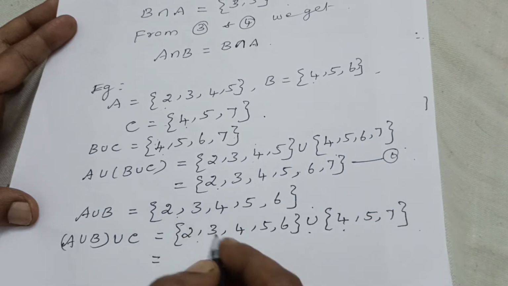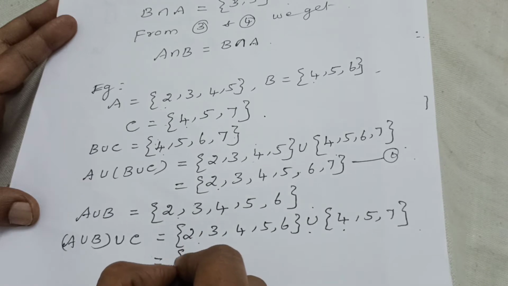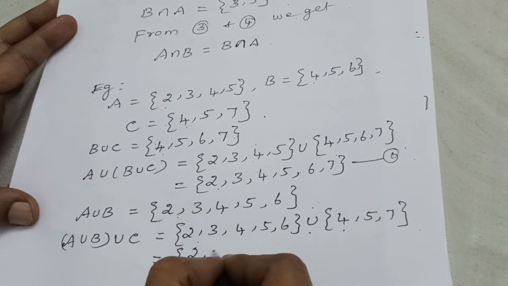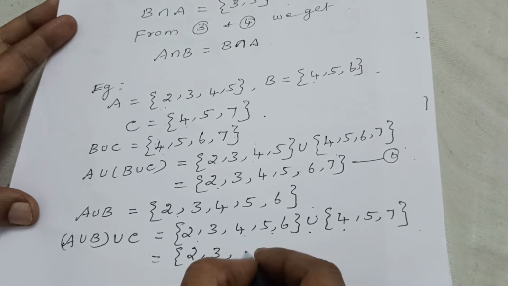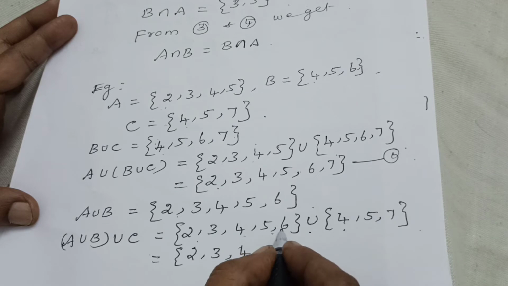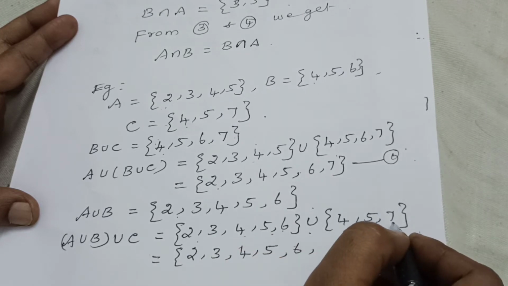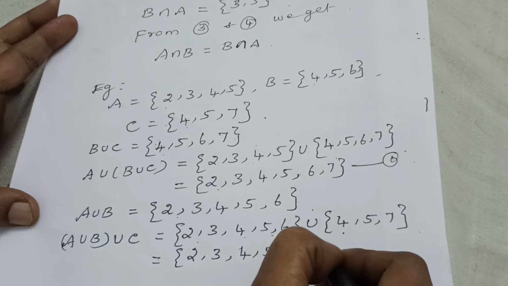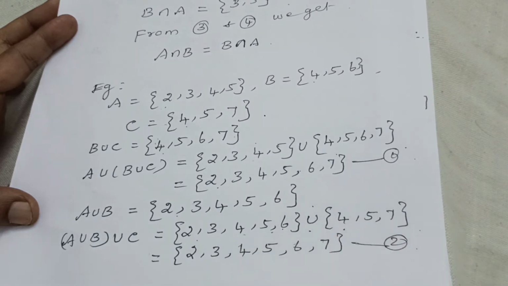These two union, then what are the elements? The set 2, 3, then 4 and 5 both also common, one time we have to write 4, 5, then 6 is in A union B, then 7 is in C set. Together we have to write. Then this is equation number 2.